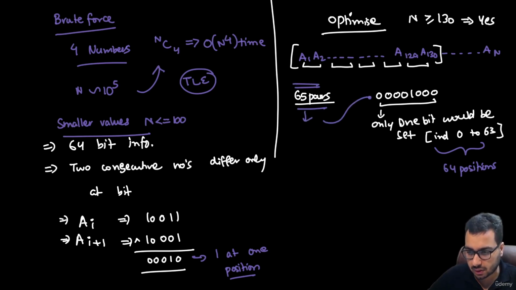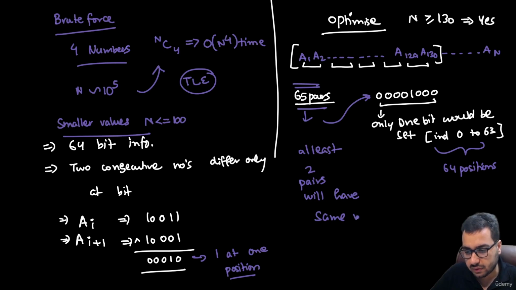Each pair is of this particular form in which one of the bits is in this range. That means at least two pairs will have the same value.